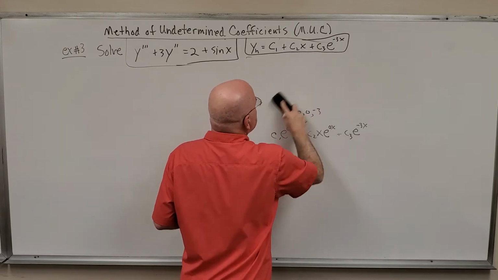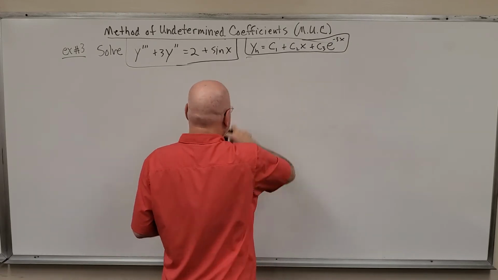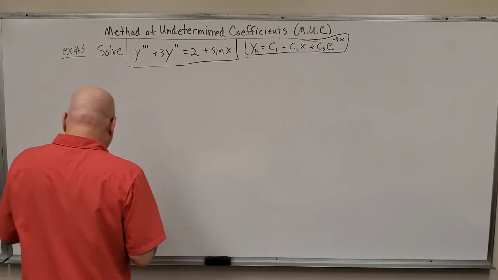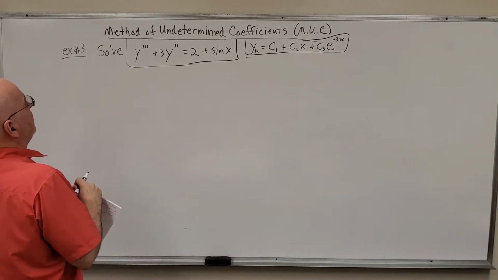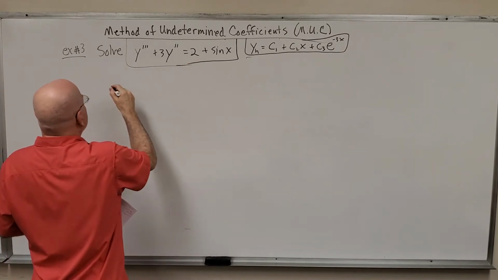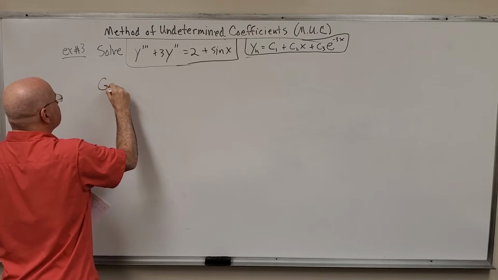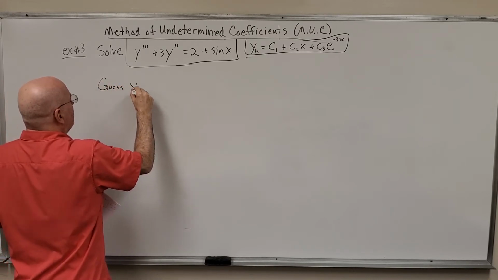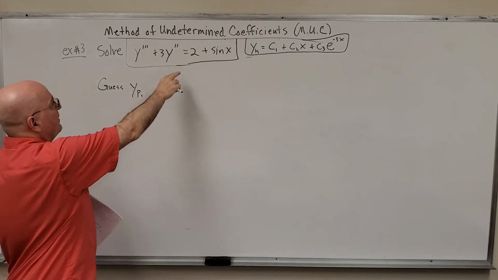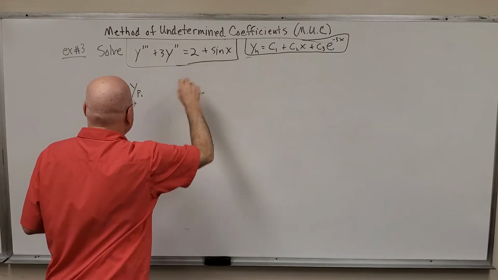So we know the homogeneous solution, now we'll find the particular solution. So what do I want to guess? Well, for a constant, I would normally say, let's guess y particular, this will be for y particular 1 and y particular 2.